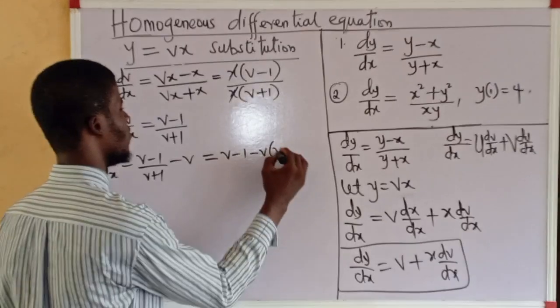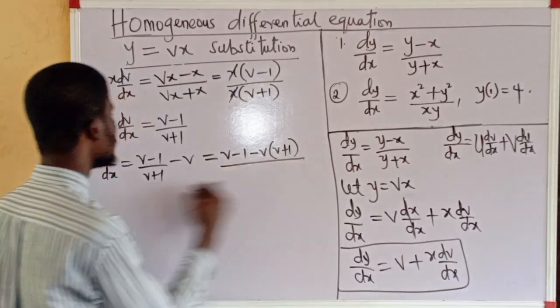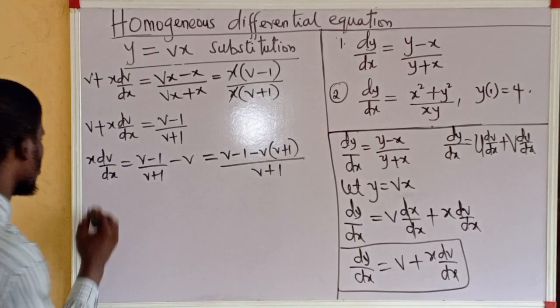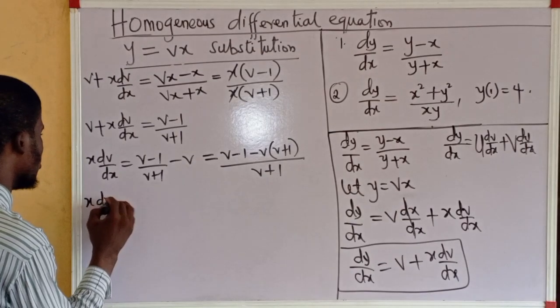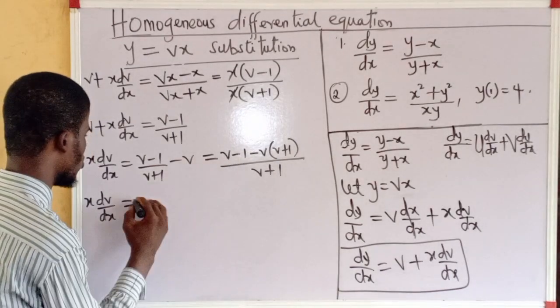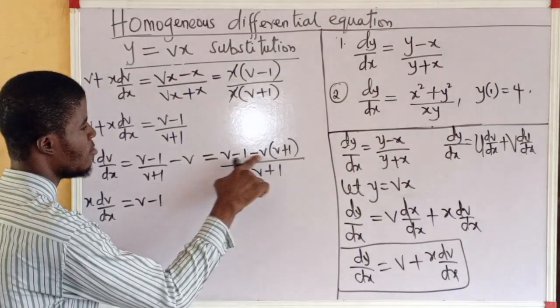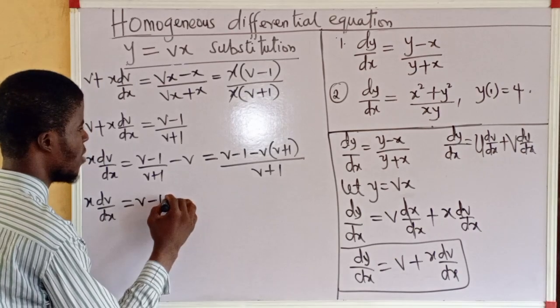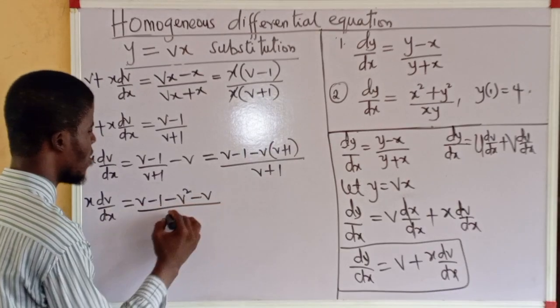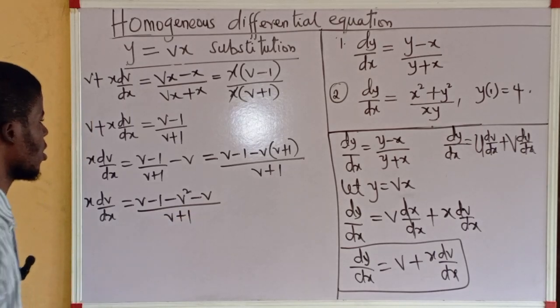That's minus v into (v plus 1). Then divide everything by v plus 1. So x dv/dx will be equal to v minus 1, then minus v will enter that bracket. We'll have minus v squared minus v, divided by v plus 1.